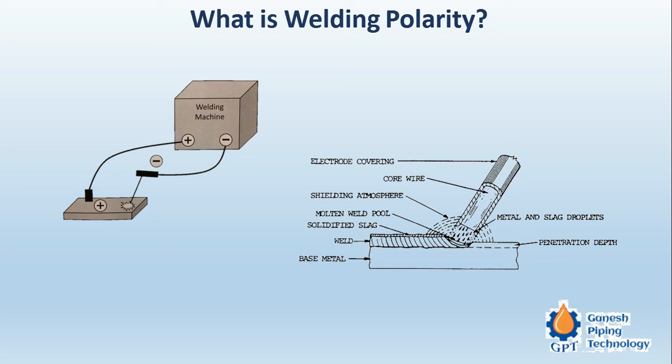However, if we reverse the polarity, that means now the holder is connected to the negative pole, and the body, that is the two metals which are already welded, now I want to remove the welding, so they will be connected to the positive pole. So whenever there is a positive pole, we can understand from this that maximum fusion will take place on that side.